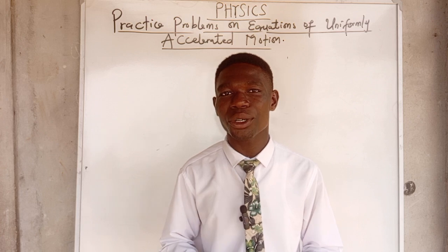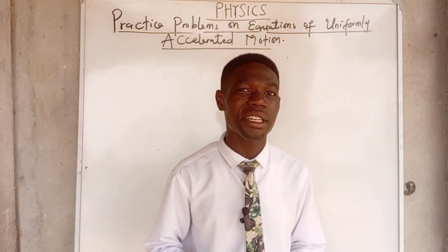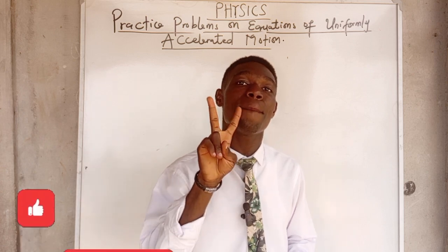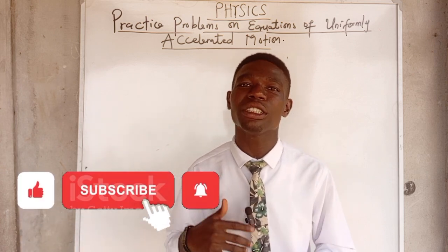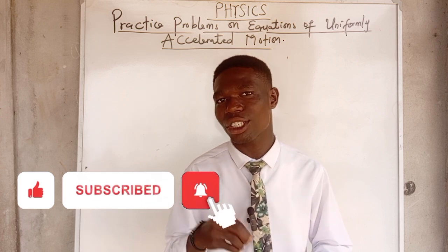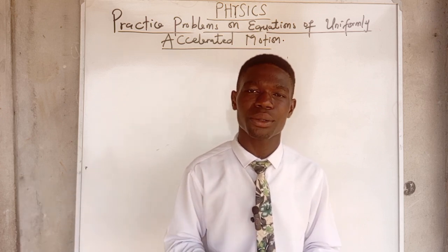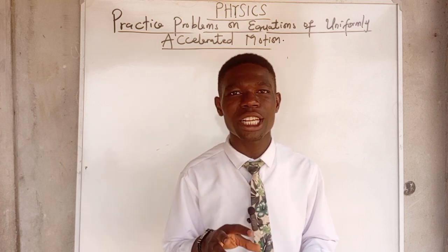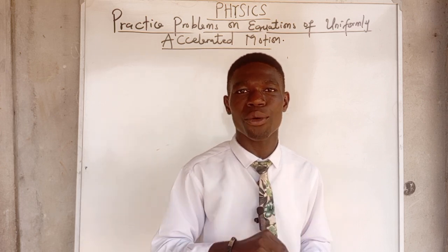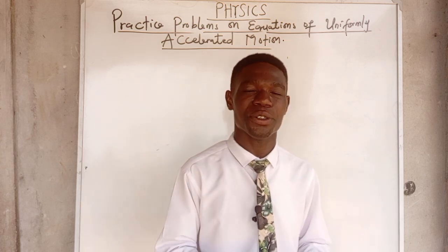In today's video, we're going to be looking at the equations of uniformly accelerated motion part 2, because I had dropped a video on the part 1 of this topic, and just in case you've not checked it out, I will advise you do so, because the knowledge we gathered in that video will be very useful to the comprehension of this video.